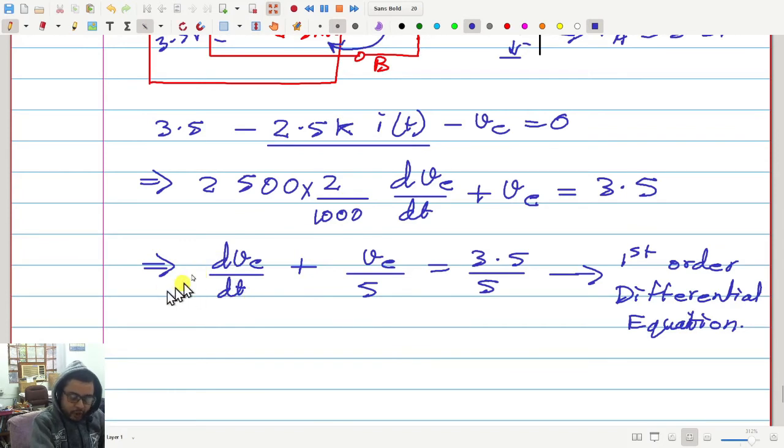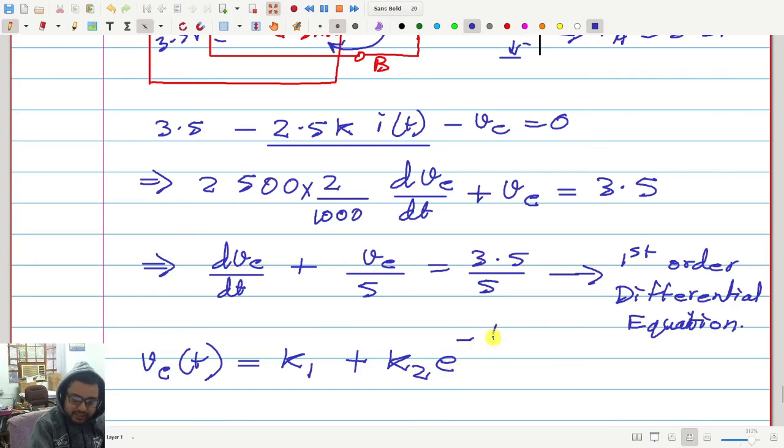I'm not going to repeat how to solve this, but if you solve it, you will get the solution always in this form: VC(t) will be equal to some constant, call it K1, plus K2 e to the power minus t by tau.